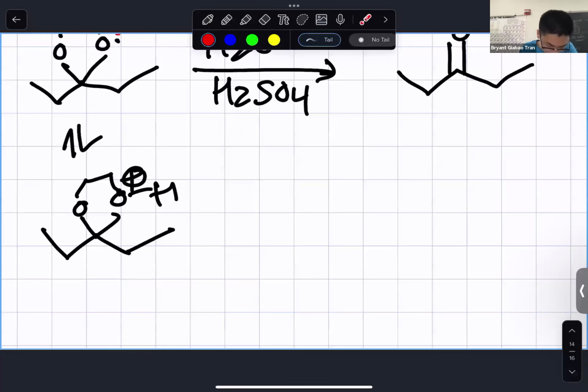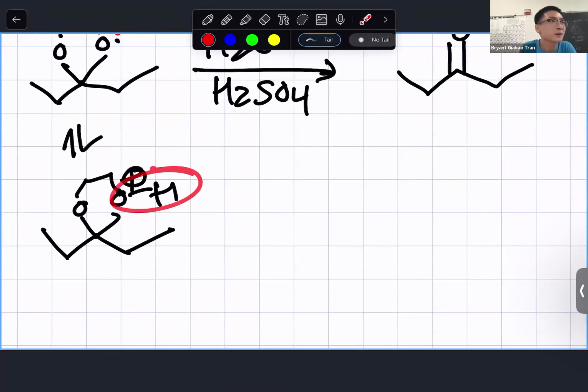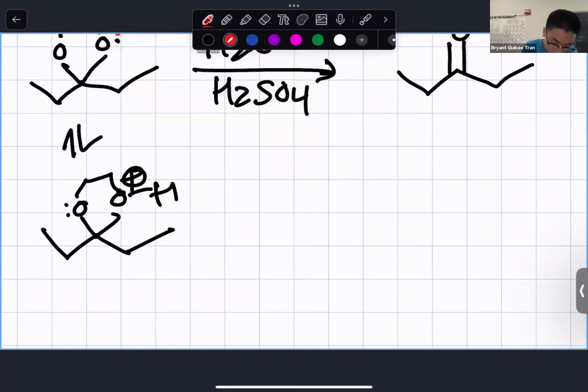Now, notice how we created a good leaving group, which is that group right there. We could drive that good leaving group off by forming a carbonyl, carbon double bond oxygen, between this oxygen here and that carbon there. We could remake that double bond and then kick out that leaving group, like that.